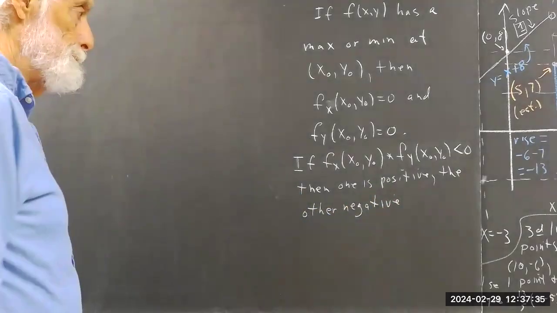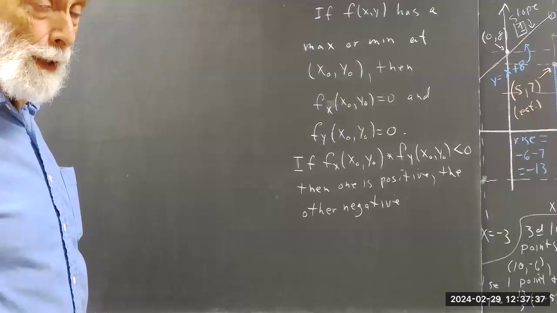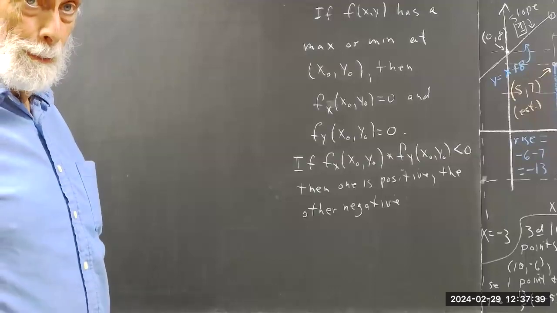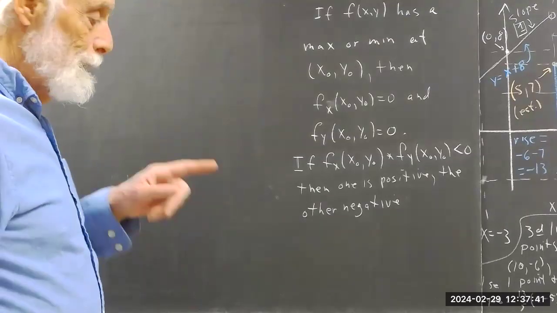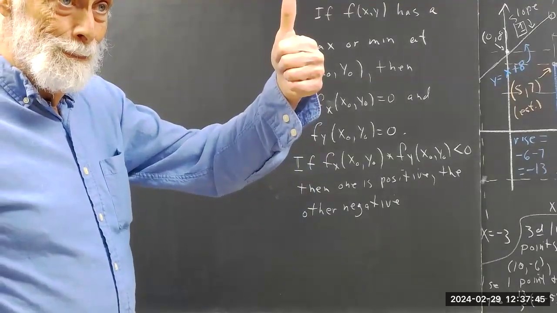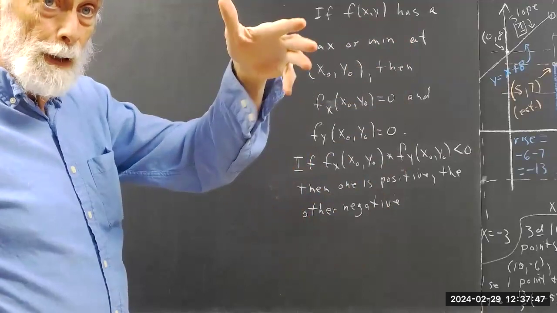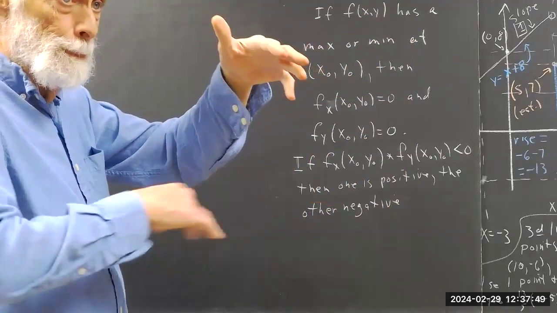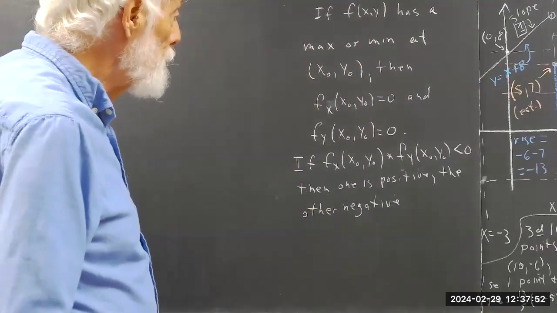The other is negative. Okay. And in that case, you don't have a max or min. In this direction, maybe the function's going up, or maybe the function's concave up. In this direction, maybe the function's concave down.